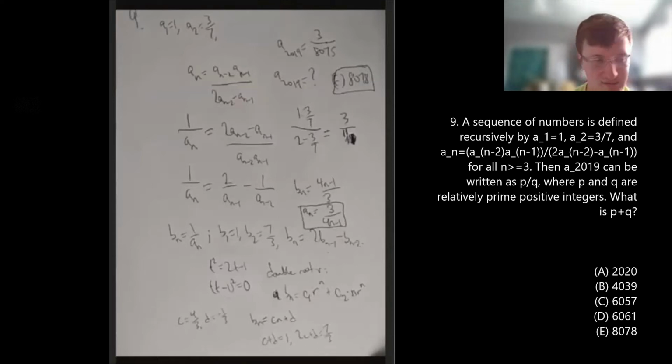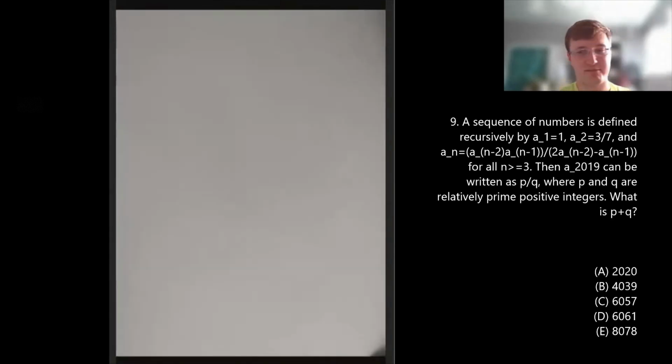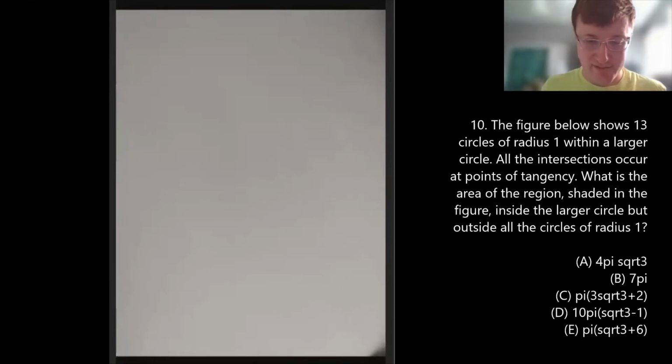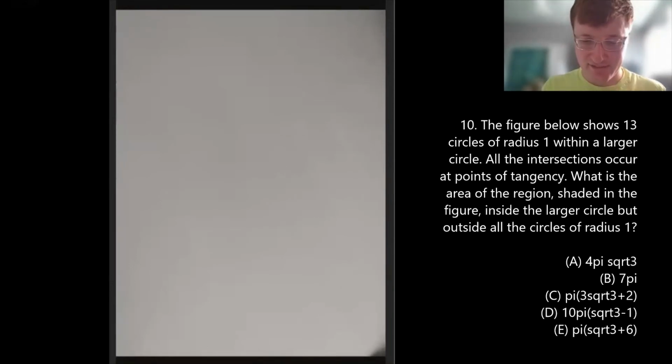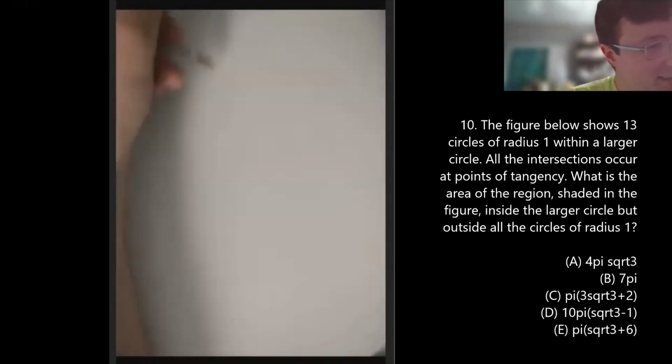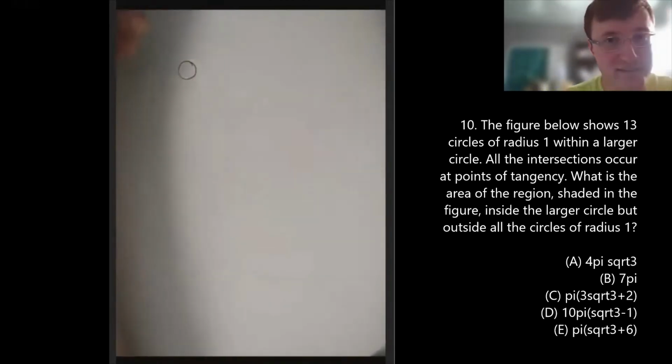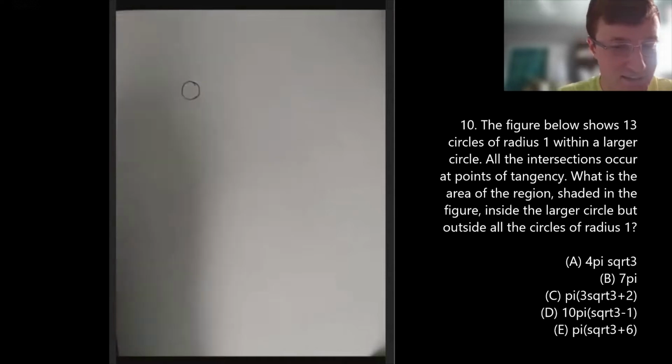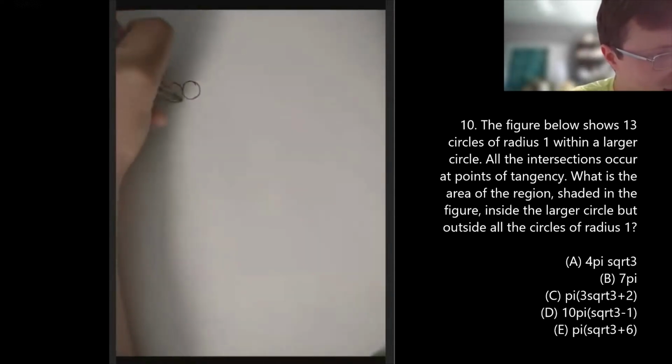Okay. Next up, we have a geometry problem. So I have 13 circles of radius 1 in a larger circle. All the intersections occur at points of tangency. What is the area of the region inside the larger circle? This is going to be a hard one to recreate. So I've got a little circle here. That's a good start. And then I've got 6 around it.